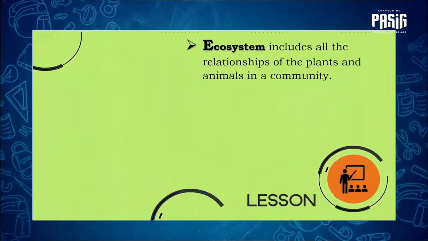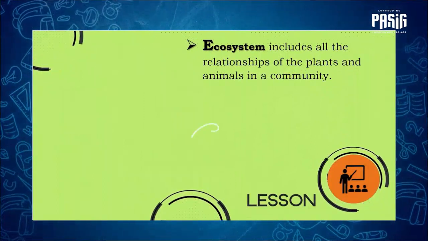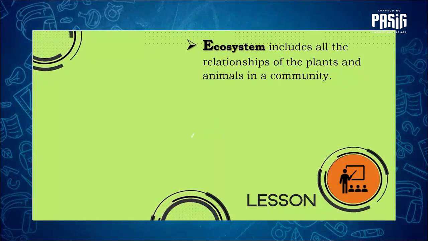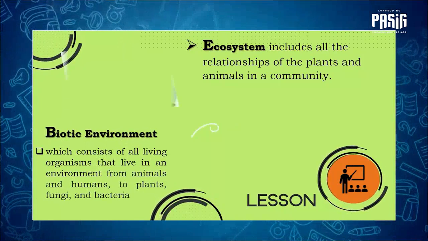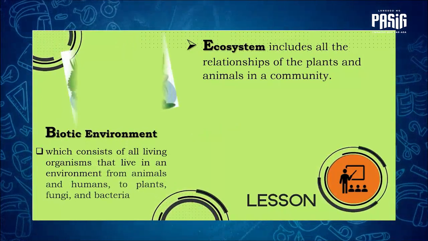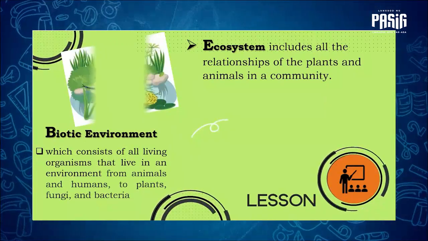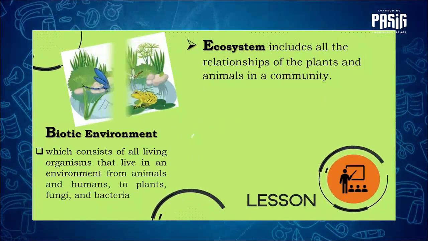Ecosystems include all the relationships of the plants and animals in the community. It is made up of two parts, the living and non-living environment. The living environment is called the biotic environment, which consists of all living organisms that live in the environment, from animals and humans to plants, fungi, and bacteria.